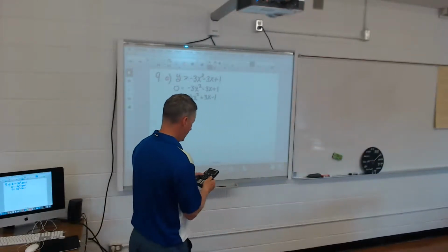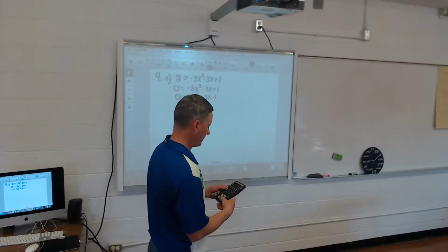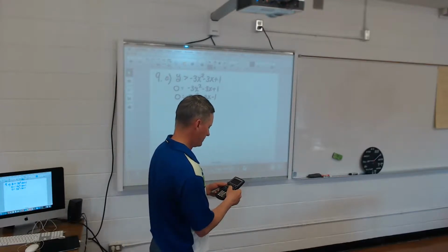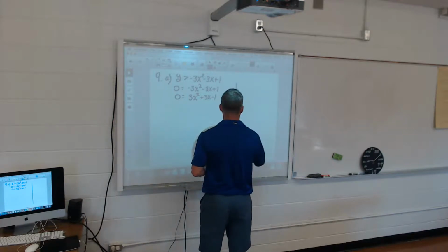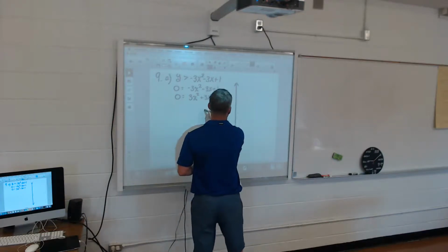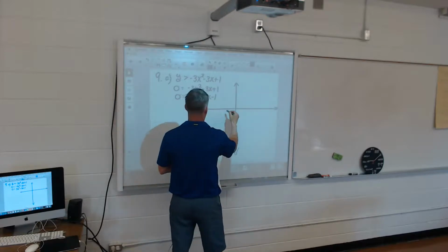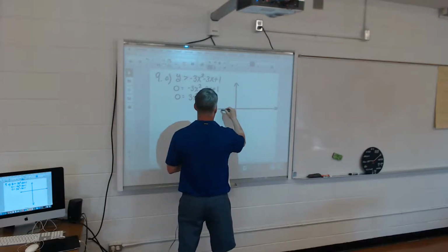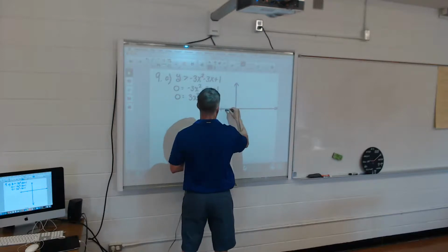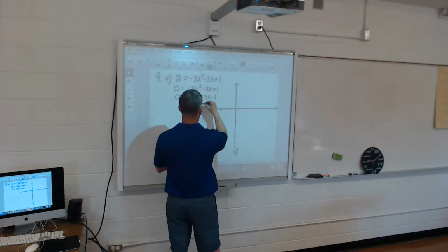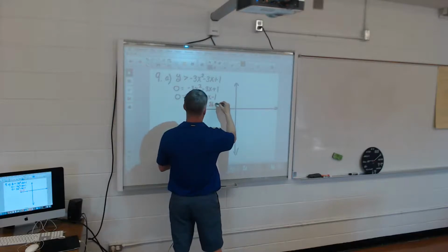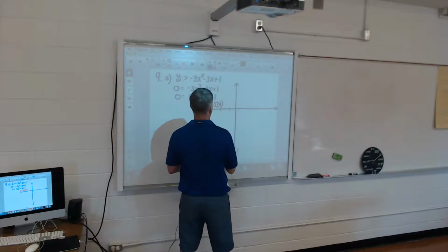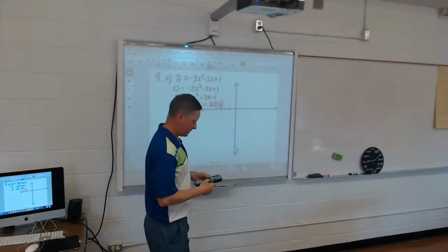Okay, so now I want to find, using second function trace, my 0. My first 0 is minus 1.2637 and 0.